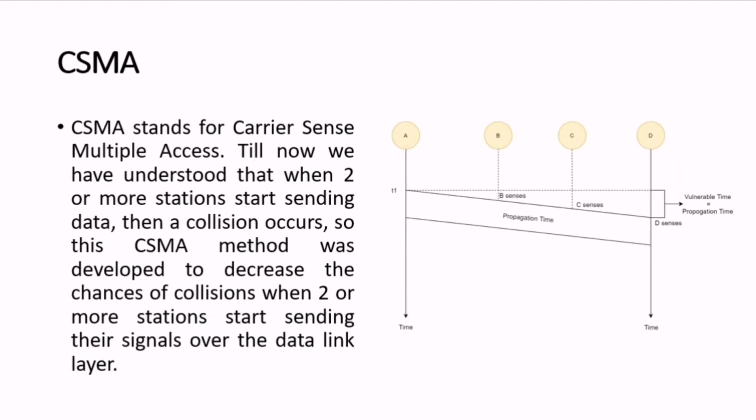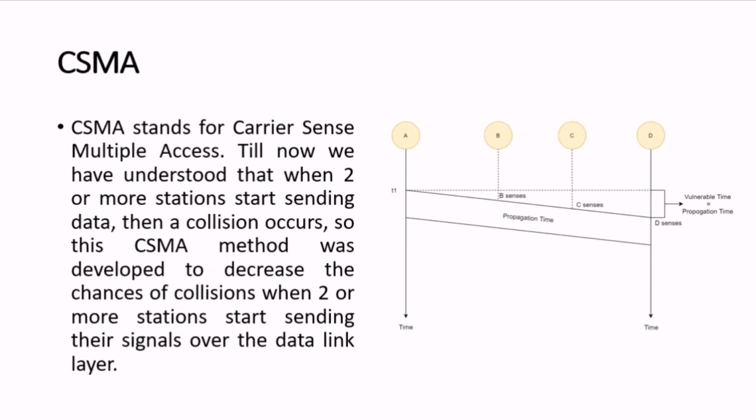So let's look into the CSMA. CSMA stands for Carrier Sense Multiple Access, which is nowadays used in the Ethernet protocol. Till now we have understood that when 2 or more stations start sending data, then a collision occurs. With the CSMA method, it can decrease the chance of collision when two or more stations start sending their signal over the data link layer. So basically, how do they do it?